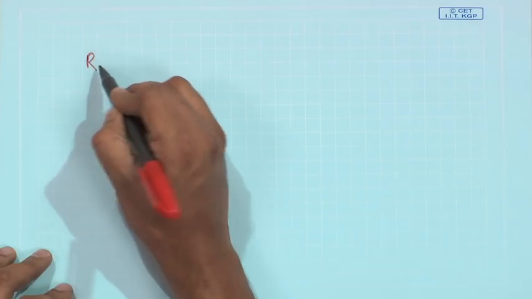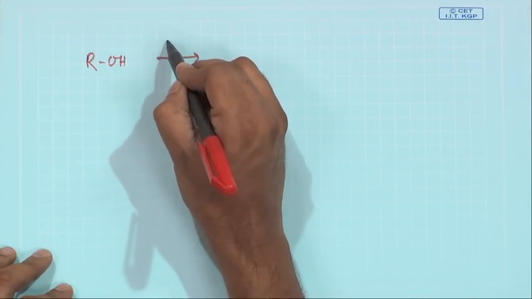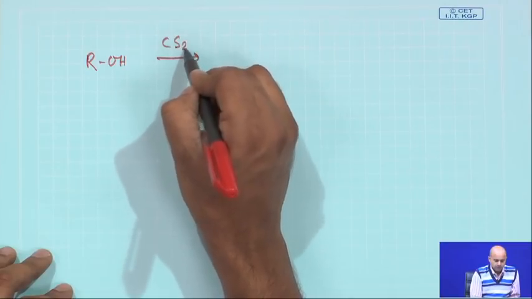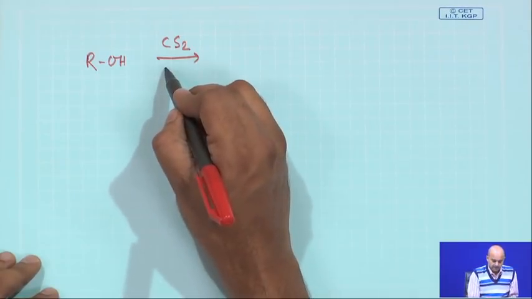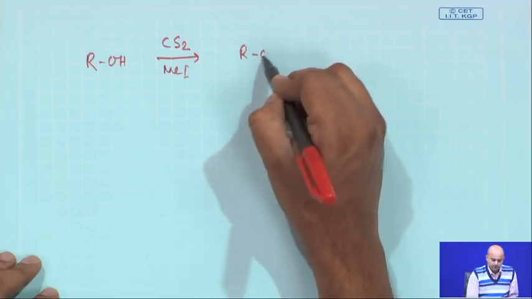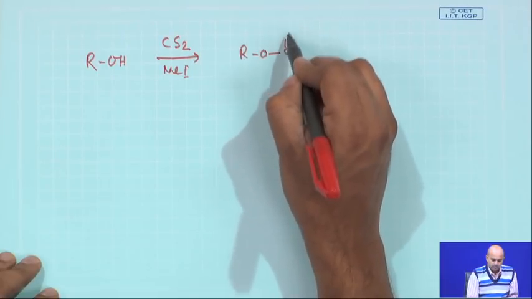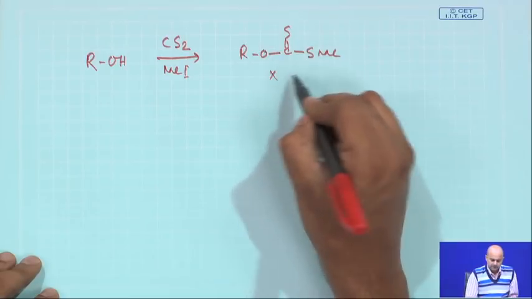So, you will find that if you have an alcohol, you first react with carbon disulfide and then you react with methyl iodide. So, basically you get this kind of xanthate ester.